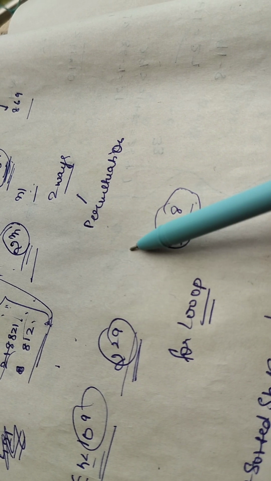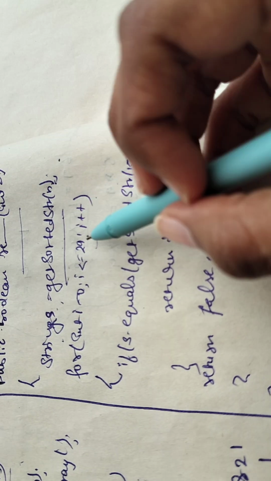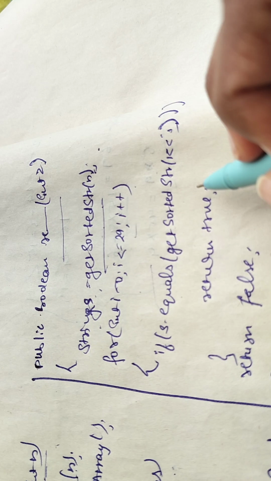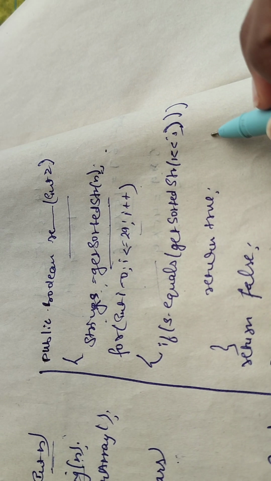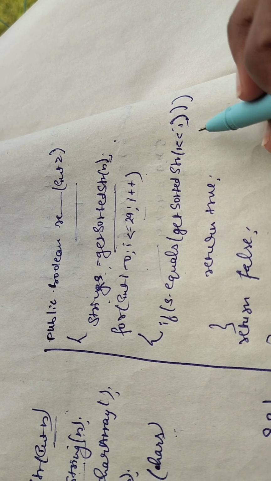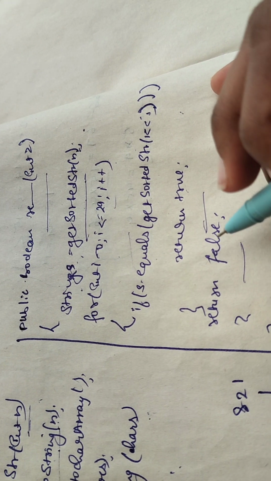I'm going to see whether my 128 matches a power of 2 for all 30 values, 0 to 29, and if it does, I return true, otherwise false.